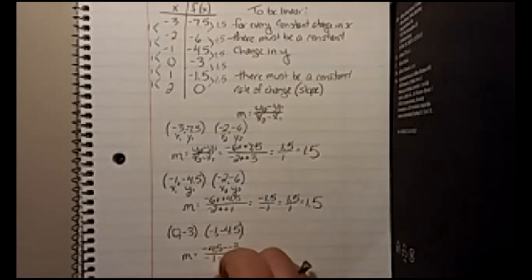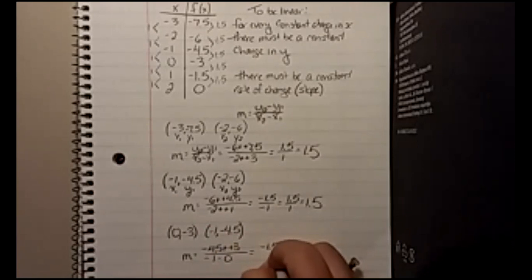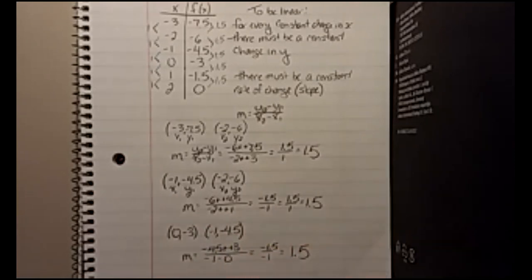When I do the math, I get -1.5 over -1. Look at that, 1.5. So you do want to make sure that it's true all the way down. So you would keep going, okay, just to make sure. But we can see that this change is always going to be 1.5 change in y for every 1 change in x, the same way that we described it earlier.